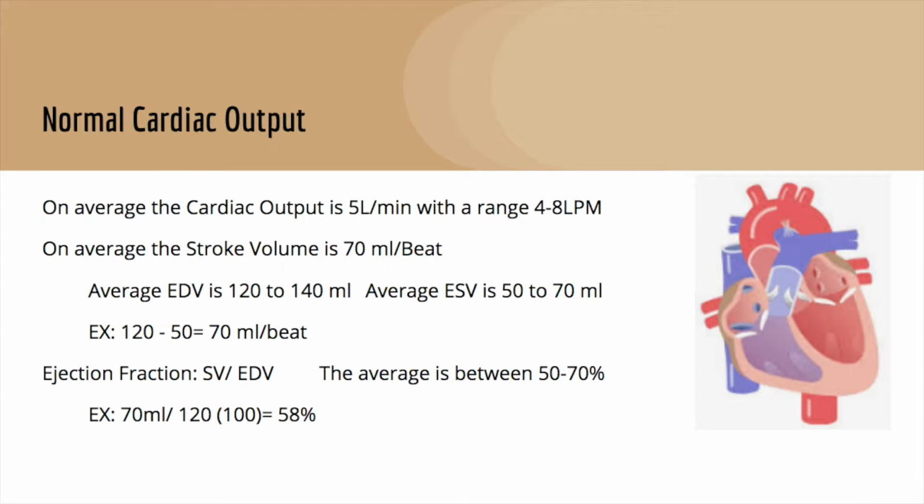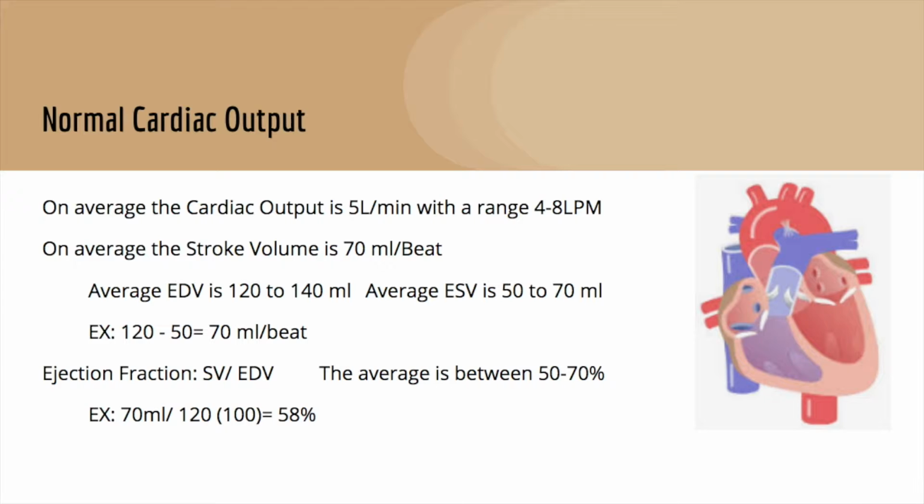A normal cardiac output is about 5 liters a minute, but the range is 4 to 8 liters per minute. On average, the stroke volume is 70 mLs per beat. The average end diastolic volume is 120 to 140 milliliters, and the average end systolic volume is about 50 to 70.